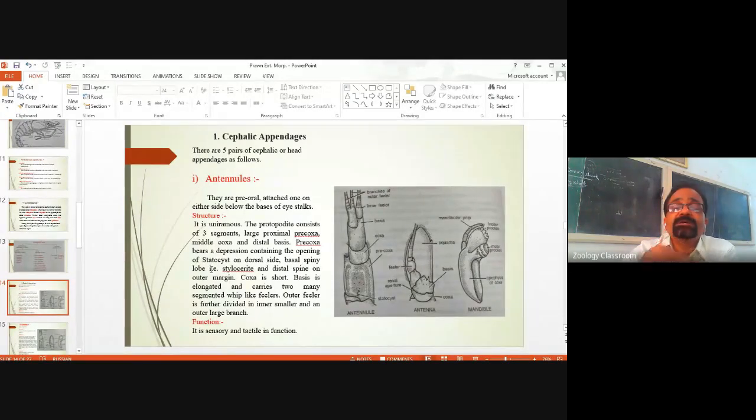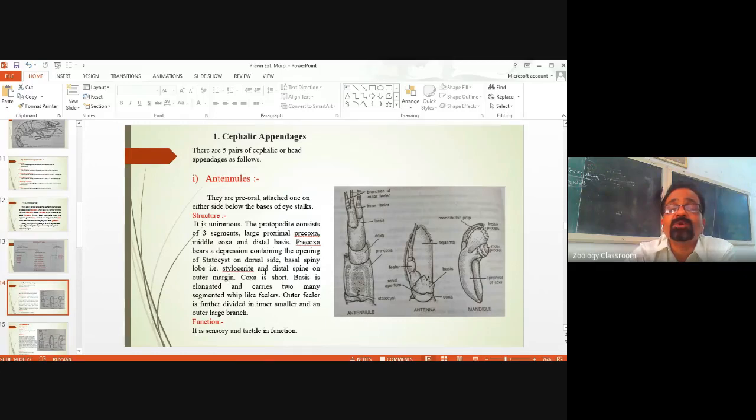Basal spiny lobe called the stylocerite. It is not labeled here, but this is the stylocerite, and the distal spine on the outer margin. The precoxa bears a depression containing the opening of the statocyst on the dorsal side.